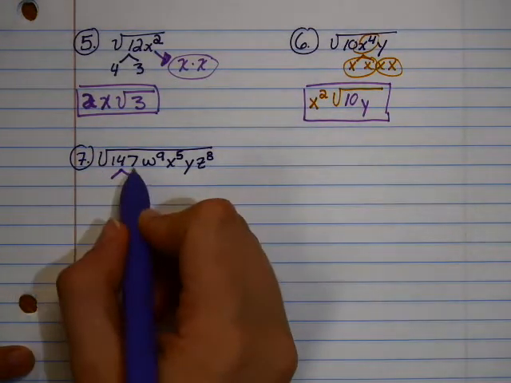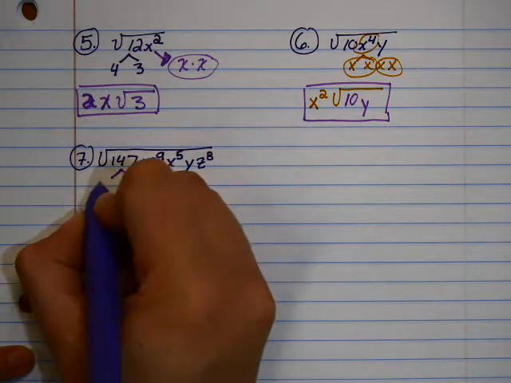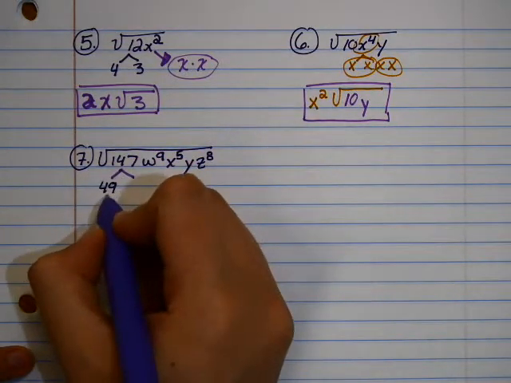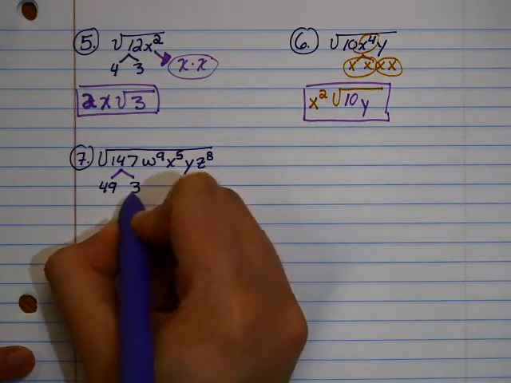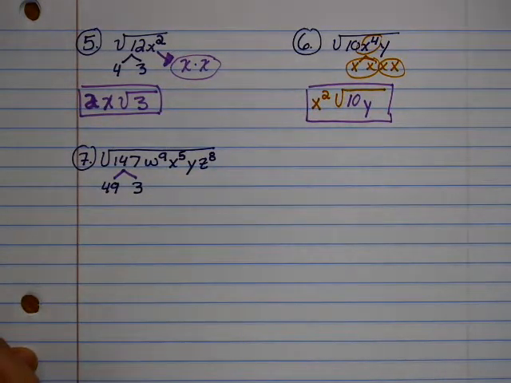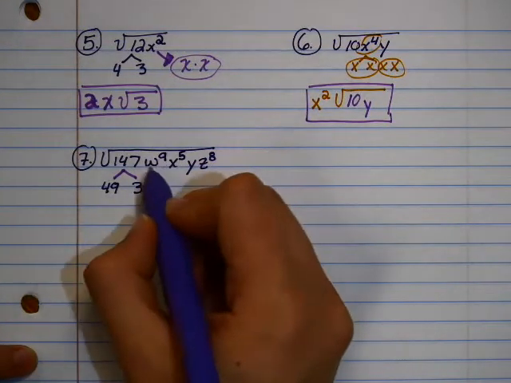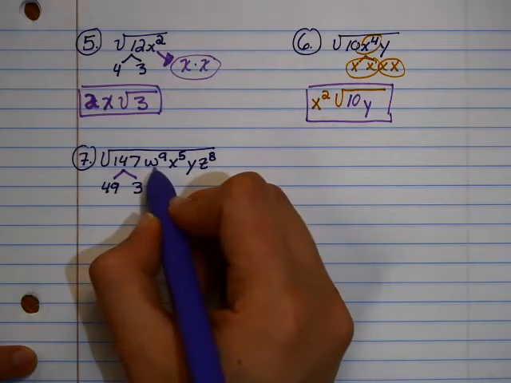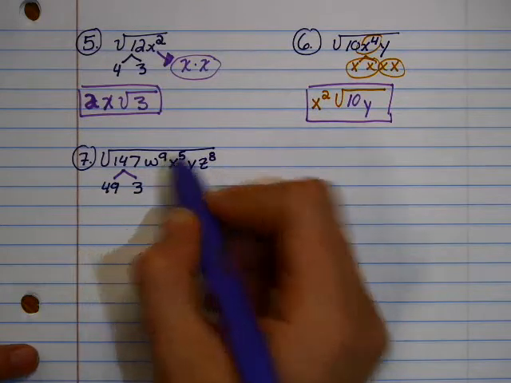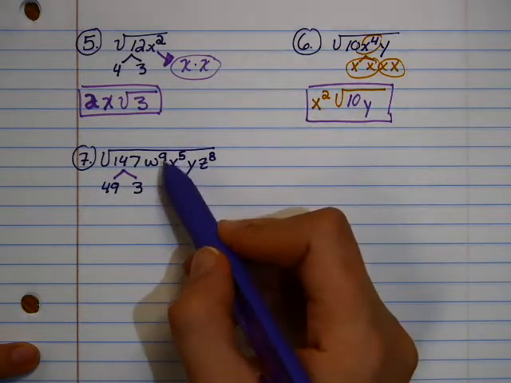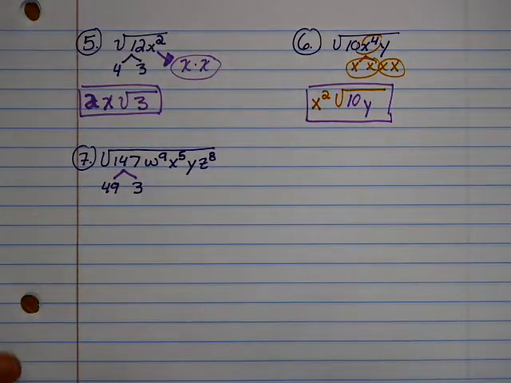This one's a bit larger, so the largest one I can find is 49. So I'm going to write 49, because I know 49 times 3 gives me 147. Okay. Alright, so then if I look at the w's to the 9th, I can write out 9 w's, or I can start thinking, well, 9 divided by 2 gives me the number of pairs I have.